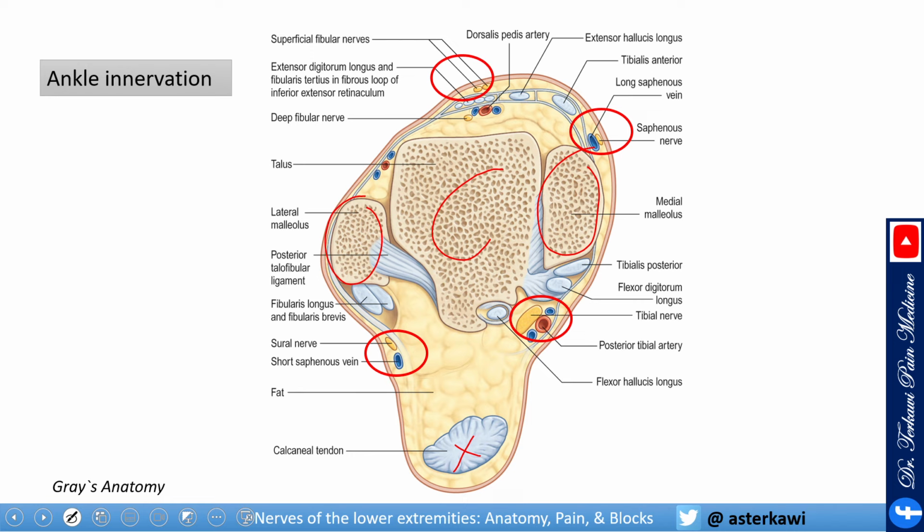And then here, in front of the lateral malleolus, very superficial, you get the superficial fibular nerve. Almost midline, and behind that is the deep fibular or deep peroneal nerve, which runs with the dorsalis pedis artery. So vessels are your friend when you find these nerves.